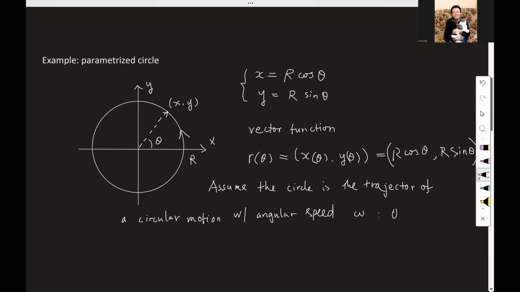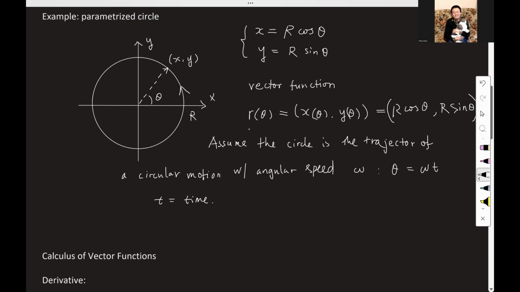So that means theta is proportional to time. t is time, so theta increases linearly with respect to time. So now, of course, you can rewrite your position vector r as a function of t. r(t) is (r cosine of omega t, r sine of omega t). So you just replace theta by omega t.